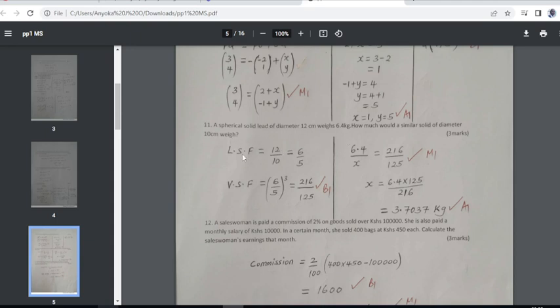The linear scale factor, because we have a similar solid of diameter 10 centimeters, and the spherical solid lead has diameter 12. If we compare the two diameters, we get the linear scale factor. So 12 over 10 will give us a linear scale factor of 6 over 5.